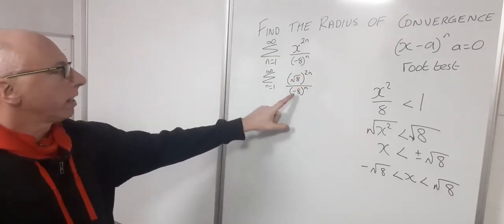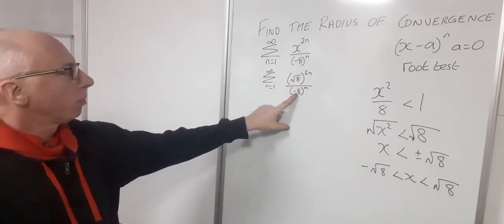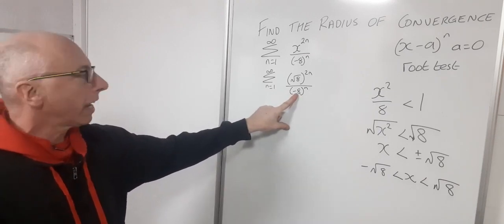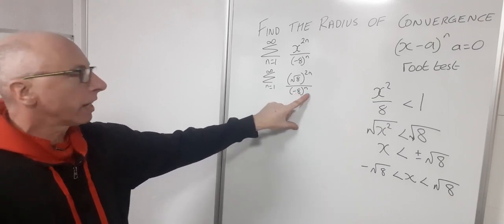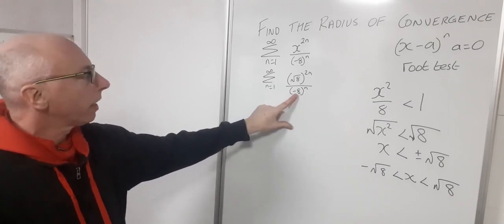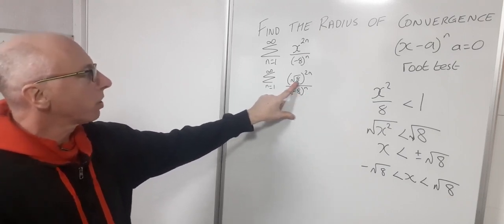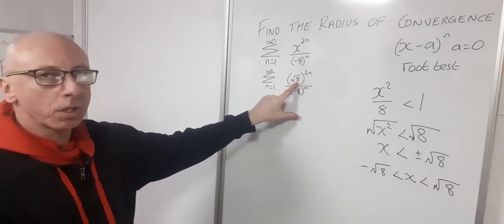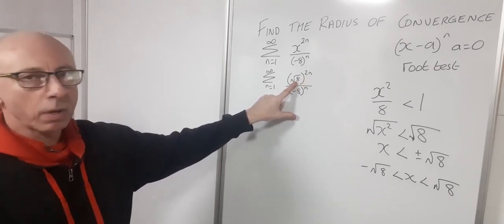We want to break that down into (-1) to the n and multiply it by 8 to the n. Now if we bring this 2 inside the square root of 8, we can square it and get rid of the square root sign.